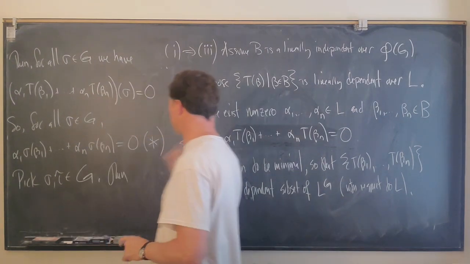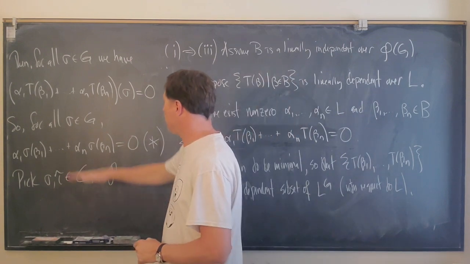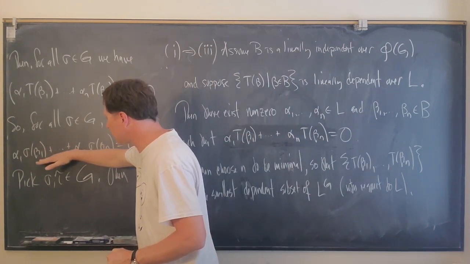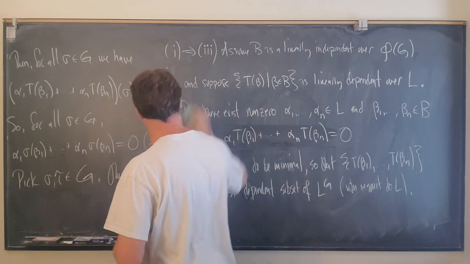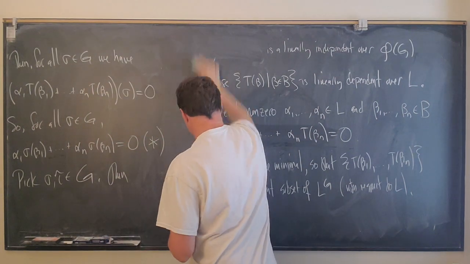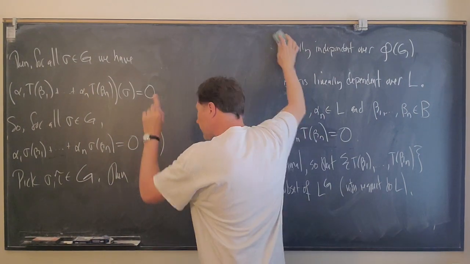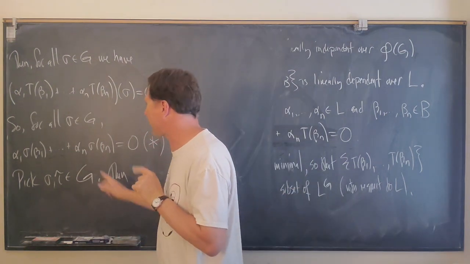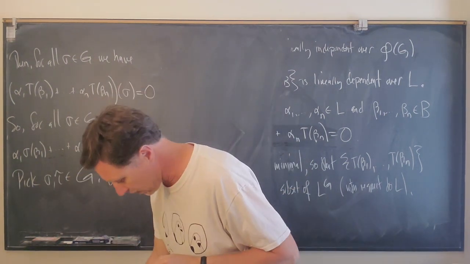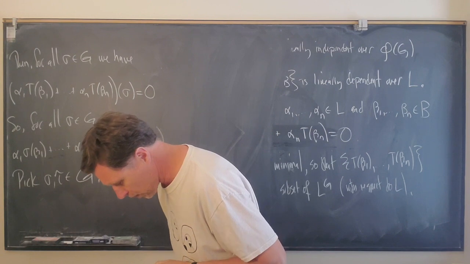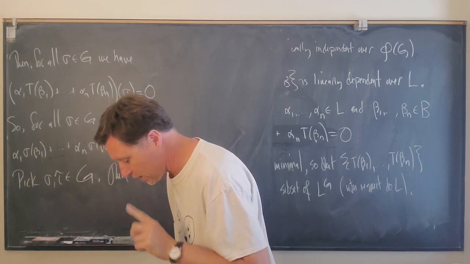Then, remember this holds for all sigmas, in particular, all sigmas in G, all elements of G. In particular, it holds for the next element of G that I'm about to write down in place of sigma here, and that is tau inverse sigma.